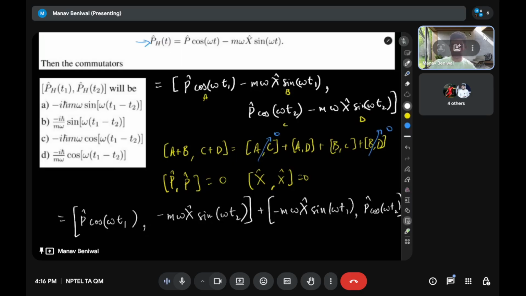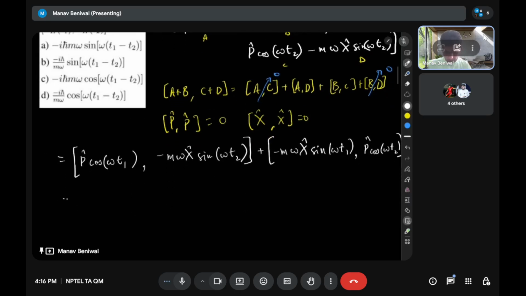So we'll have these two terms. The other two terms just go to 0. So what will this give us? Let's take the constants outside.